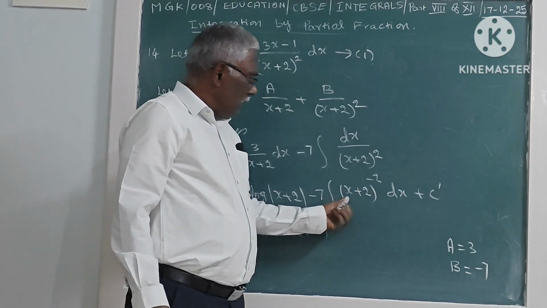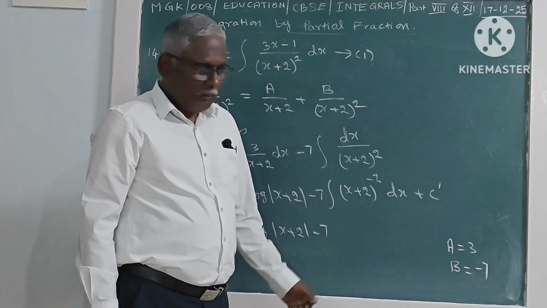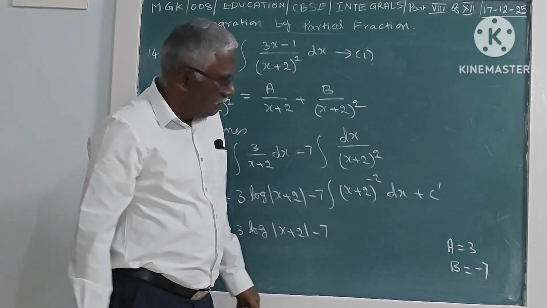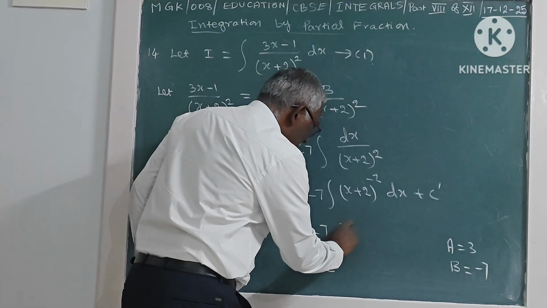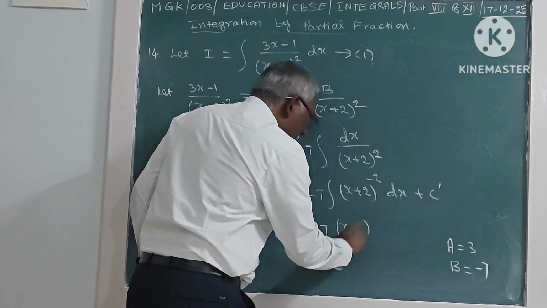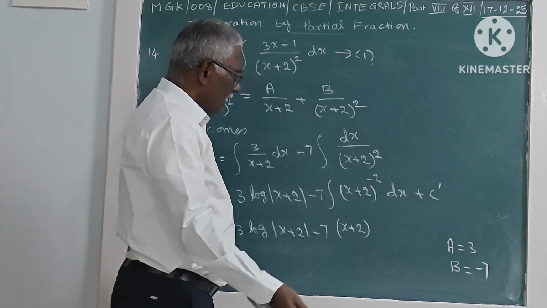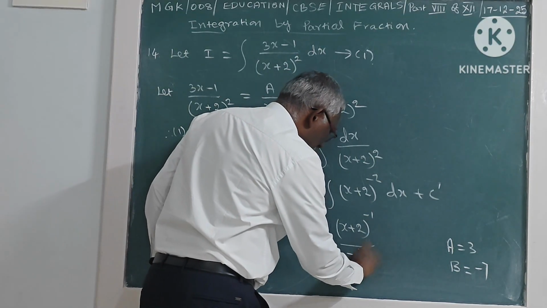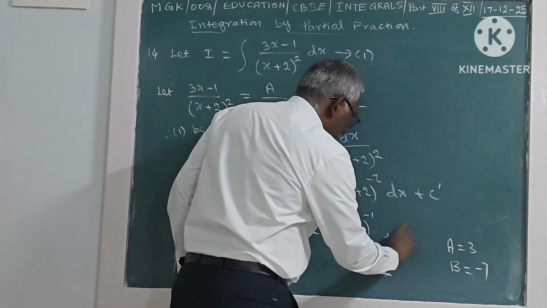This is integral x power n dx form. If we integrate, what will come? x power n plus 1 by n plus 1. So x plus 2 power minus 2 plus 1, that is minus 1, by minus 1, plus constant.